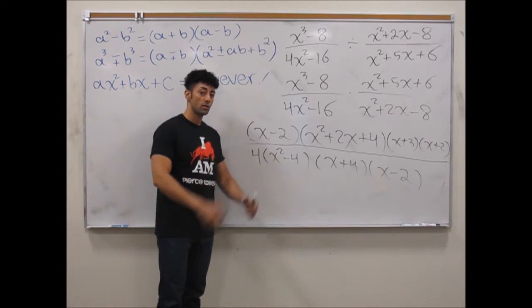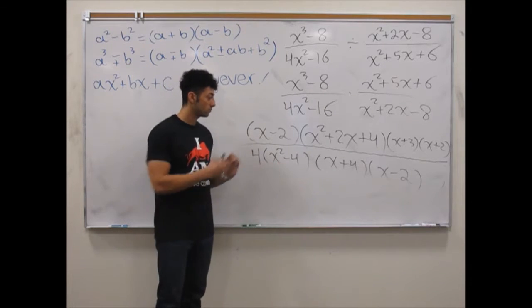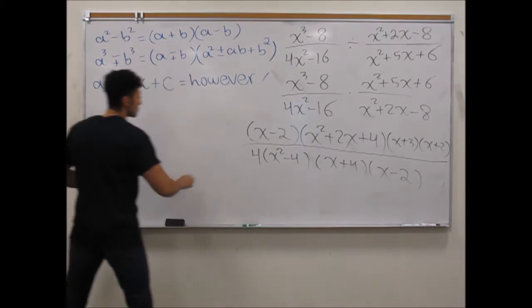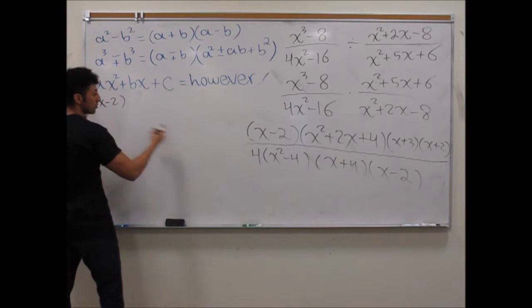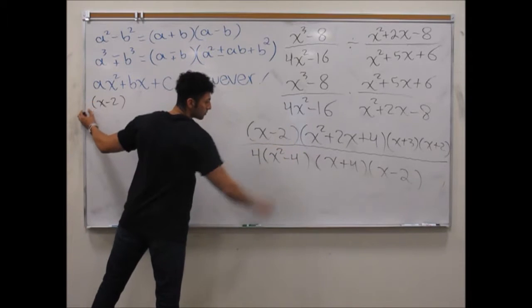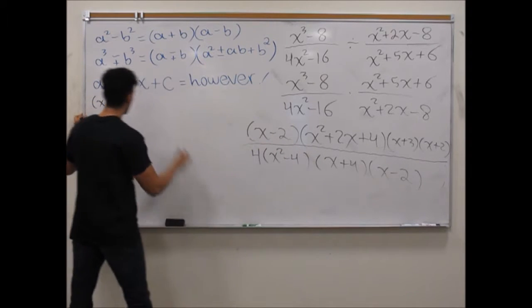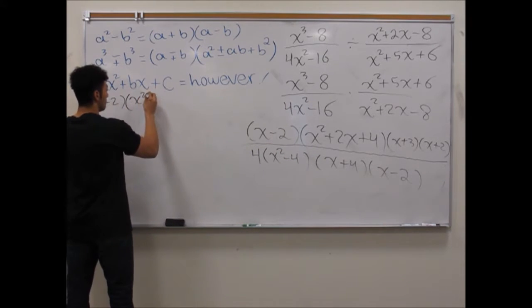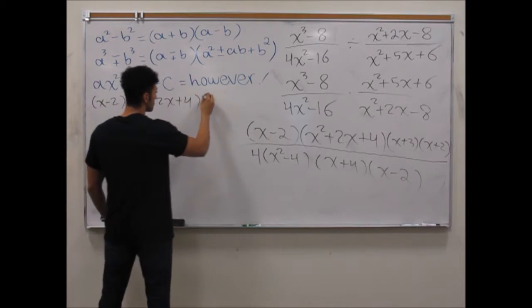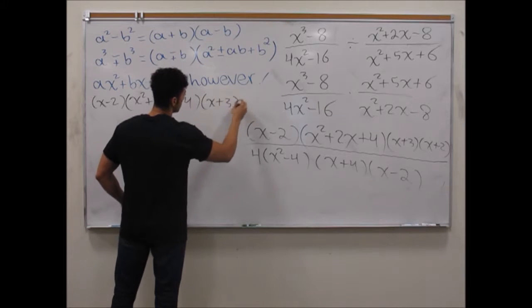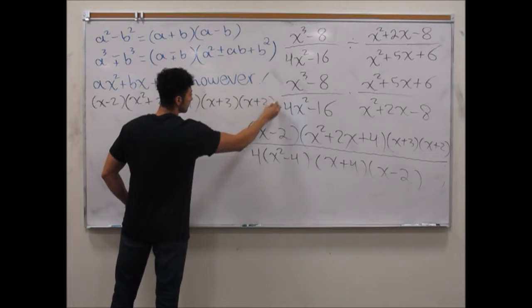So be on the lookout for stuff like that. So we're gonna have to take care of that now. So we get x minus 2. I'm not gonna bother factoring this right now. We can't even factor it, so why even talk about it? So 2x plus 4, x plus 3, x plus 2.